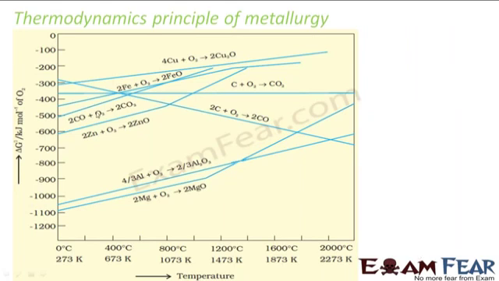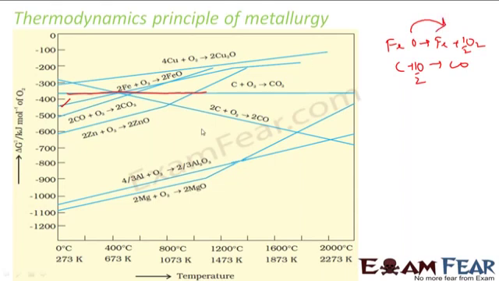And as I told, based on this Ellingham diagram, we can actually choose a temperature for a given reaction. For example, I want this reaction, my FeO gives Fe plus O, and C plus O gives CO. If I want the temperature for this reaction, if you see, this is an oxidation reaction, this is the oxidation reaction, this is the reduction reaction, FeO gives Fe.